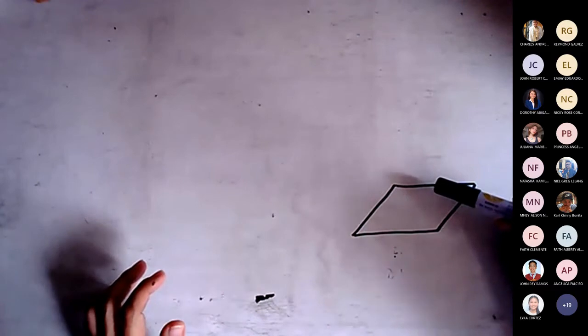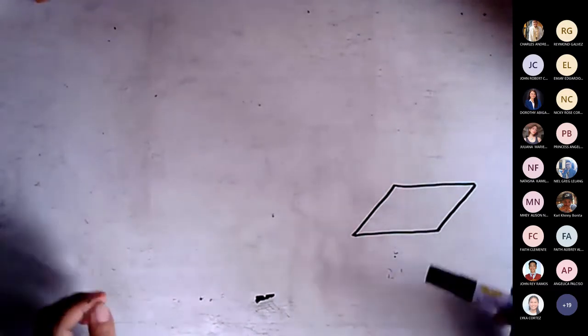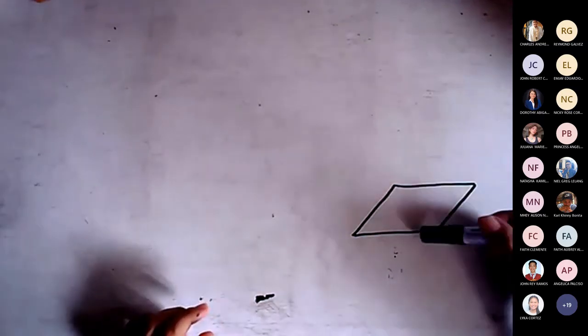Tama si Charles doon kanina. So you have here parallel lines. Okay, the only difference is that in parallelogram, only two pair of sides are equal. But in the case of rhombus, all sides are equal.